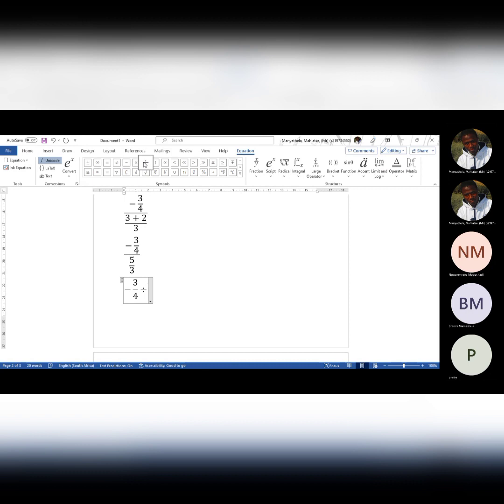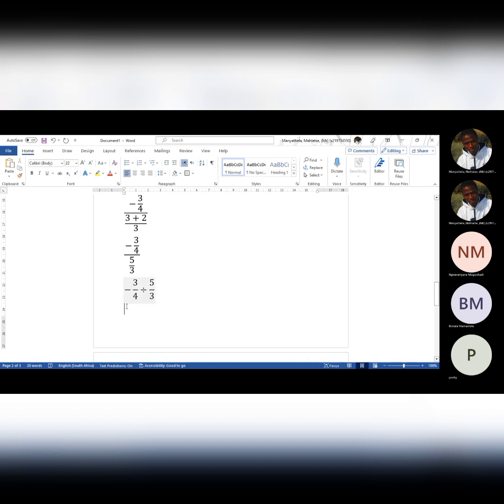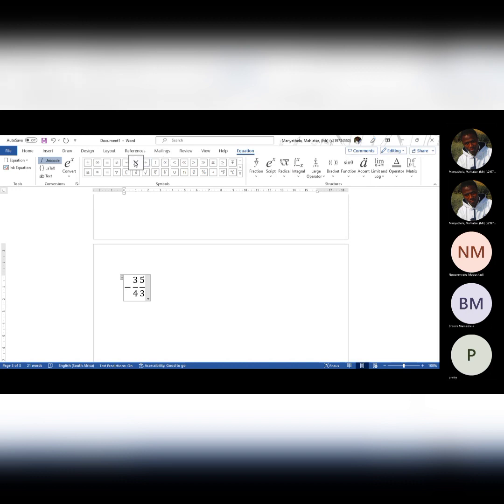When we change division to multiplication, we take 3 to the top and 5 to the bottom. Then 3 multiplied by 3.